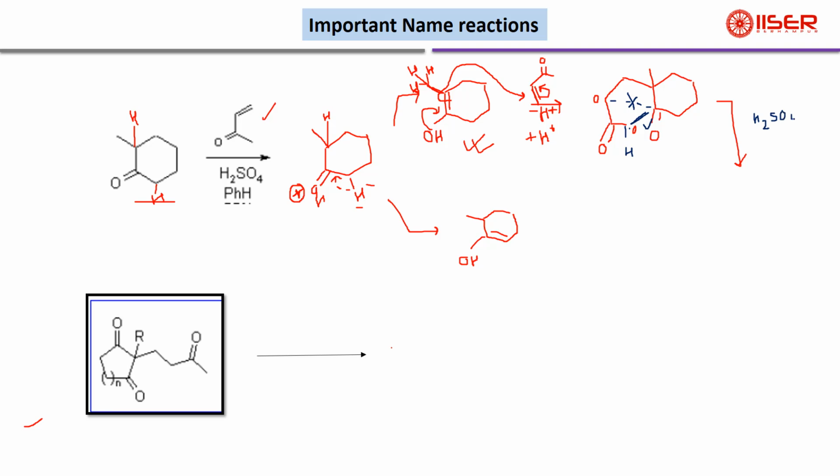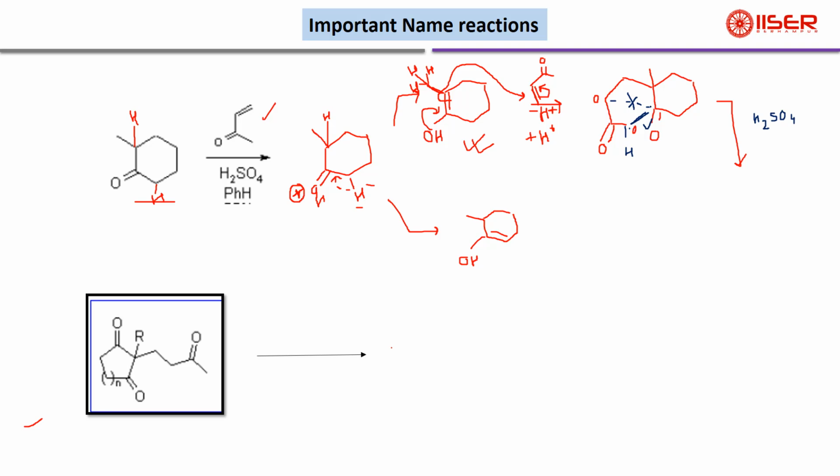Understood? You have to consider all the factors, because usually in acid catalyzed reaction we take a proton which gives a more stable enolate. But in this case, if you take a proton from here, the newly formed bond will give us a 4-member ring. So that's why we are taking a proton from here.